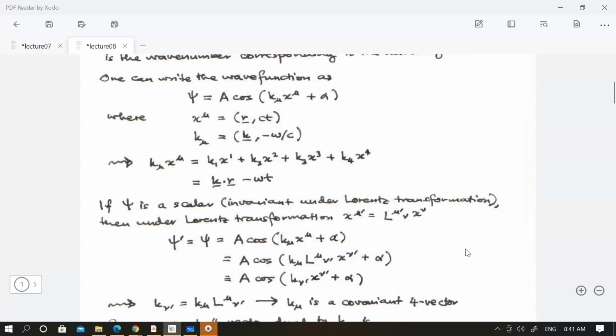This could be a different function, but the thing inside here should be a scalar. Okay, so k mu x mu is a scalar, which it should be for phase. Okay, so the whole thing, we call it a phase.